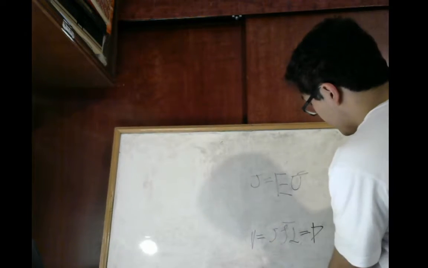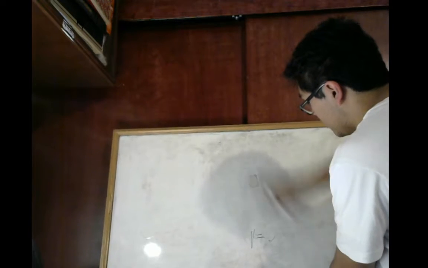Now, let's see a really fast and small problem. Do you remember with capacitance that we talked about how to calculate the capacitance of a system? Well, let's do something really simple and fast.